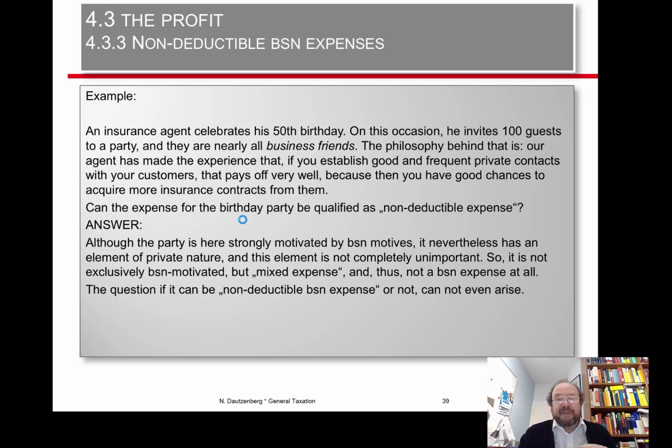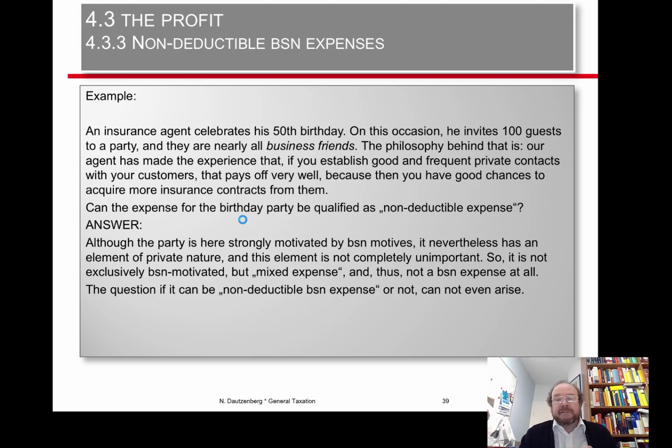So the main motive is I want to see a huge mass of customers, show my face to them, make friends with them, and later I probably can approach them again for insurance contracts, or if they are already my clients and customers, then they feel as if they are my friends, and so they don't cancel their contracts.